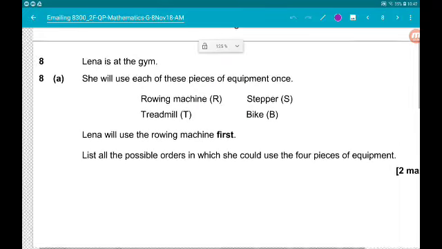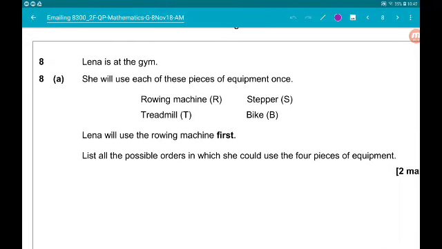Okay, question 8. So, Lena is at gym. Good times. She will use each of these pieces of equipment once.